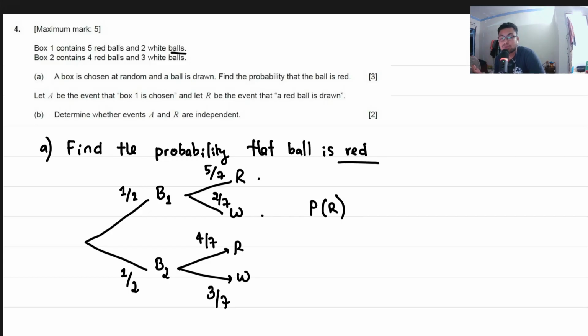There are two sources that red came from, right? First, box 1, and box 2. So PR, when I say red, it can be red from box 1, which is B1 and red, plus P of box 2 and red. Do you understand?